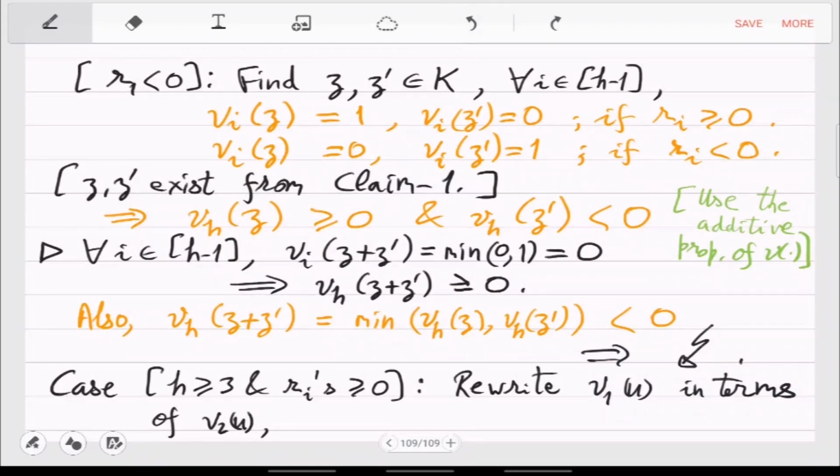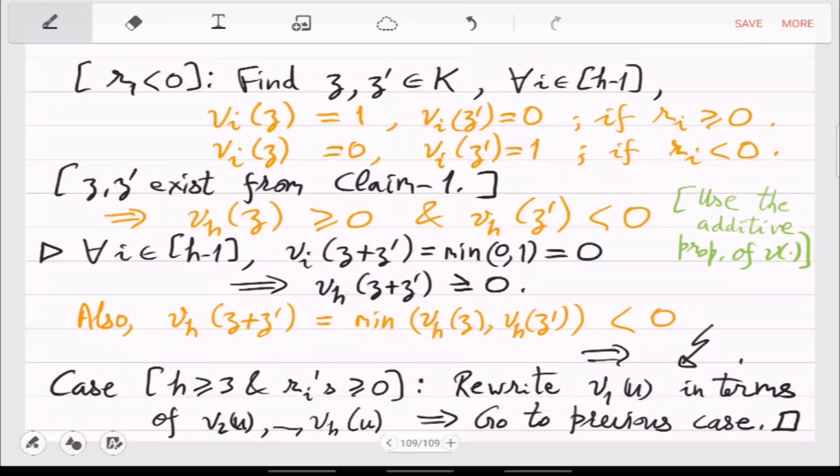So in fact, the rest, so VH. So this implies that you are in the previous case. So that's all. Okay, so all the cases are there.